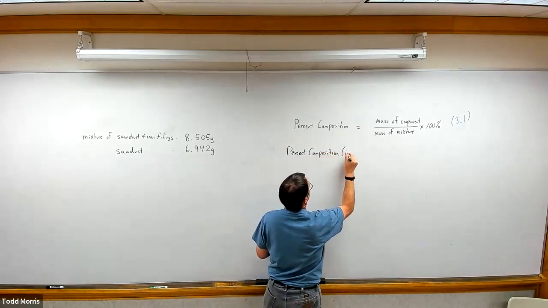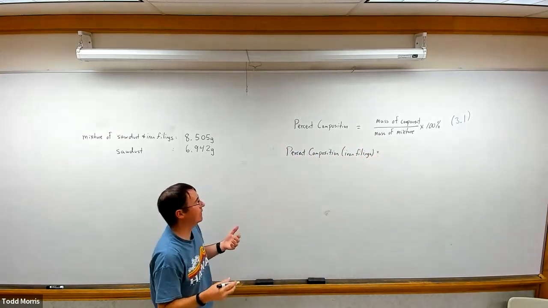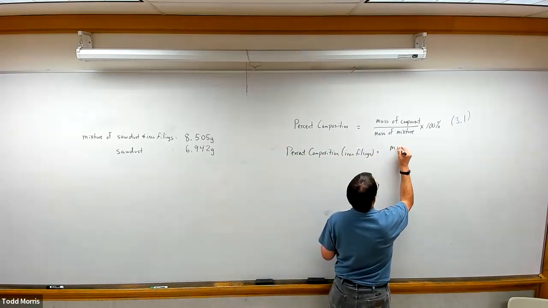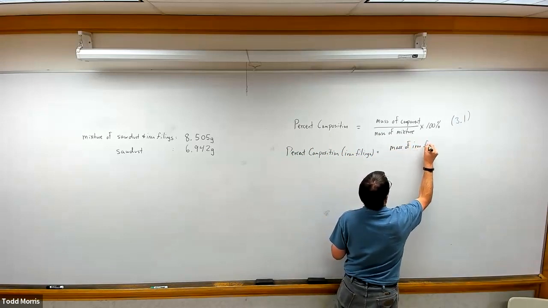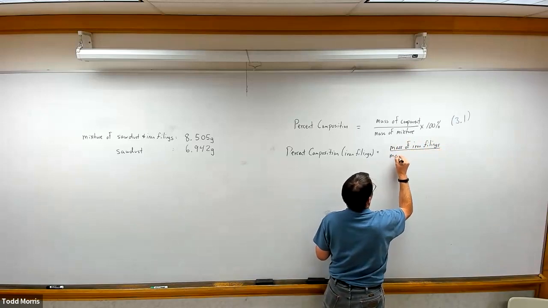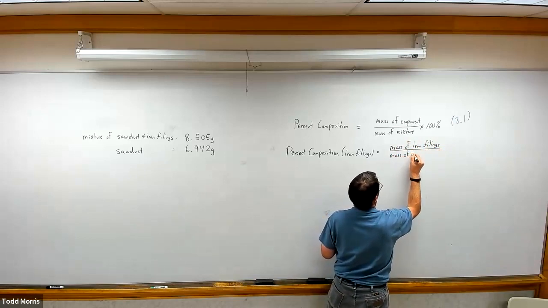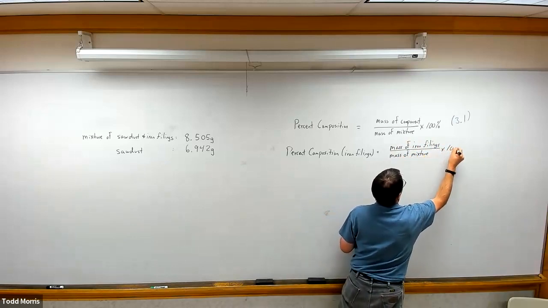So for percent composition with respect to iron filings specifically, it's equal to the mass of the iron filings in our mixture divided by the total mass of our mixture times 100%.